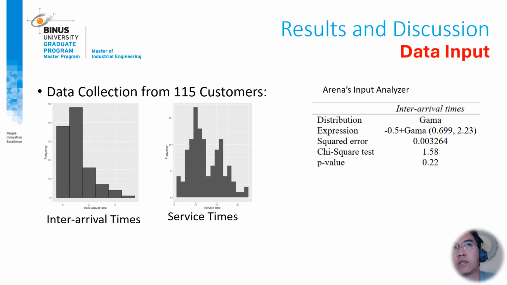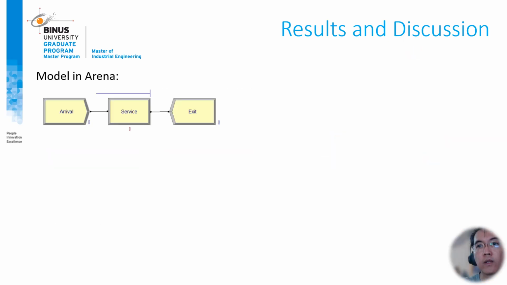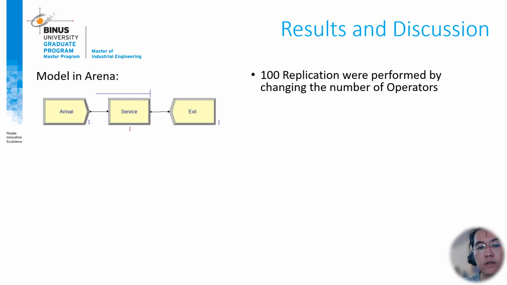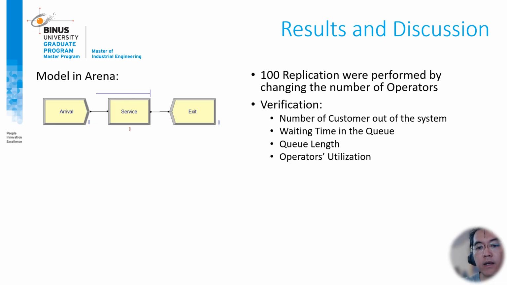And then the researcher built the model on Arena. Simulation is performed by 100 replications by changing the number of operators to verify the change in number of customers out of the system, waiting time in queue, queue length, and utilization.